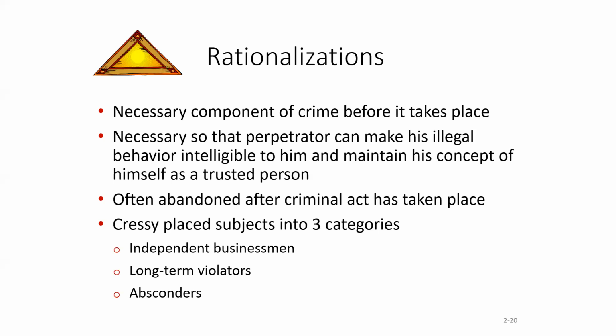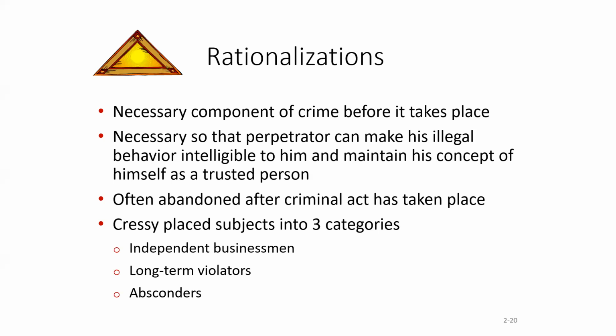So Cressy divides subjects or fraudsters into three categories, and each of these categories has its own sort of rationalization. First we have independent businessmen. Independent businessmen are in business for themselves, and they will typically convert money which has been entrusted to them. They have deposits from their clients or from other people, and they steal those funds.